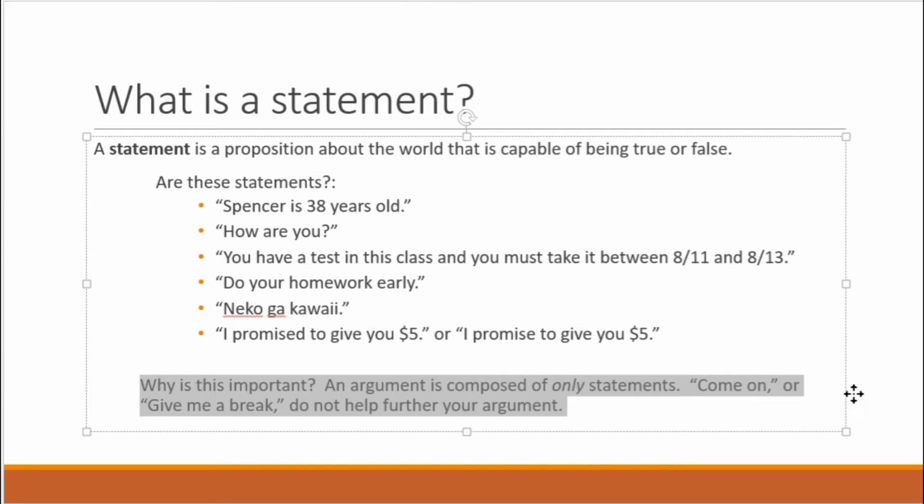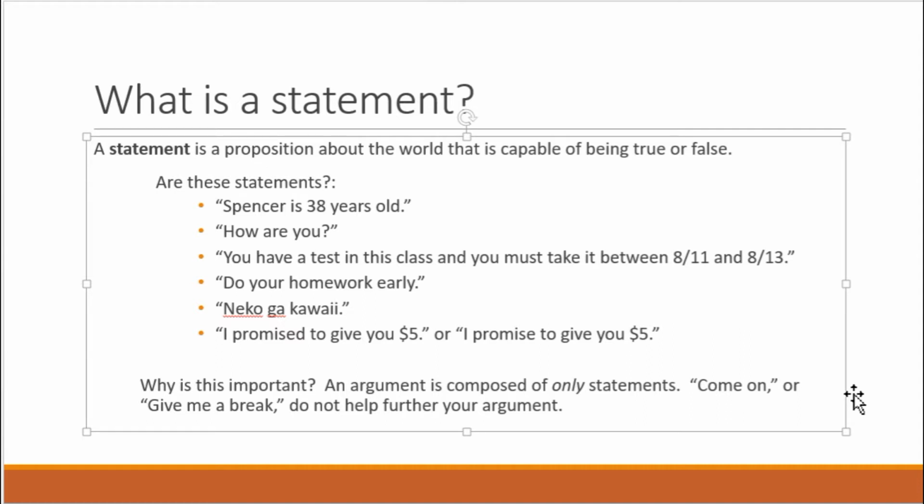But the person eventually said, "Come on, give me a break with that, that's ridiculous." Well, come on, give me a break. Those are not statements. Take a minute, determine whether or not those are statements. Try to explain to yourself why those are not statements.